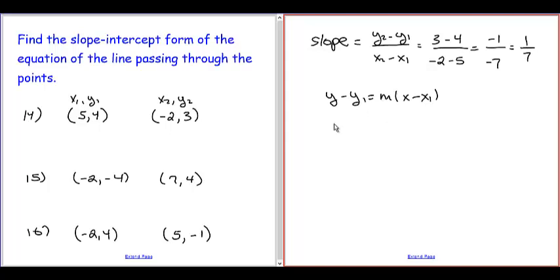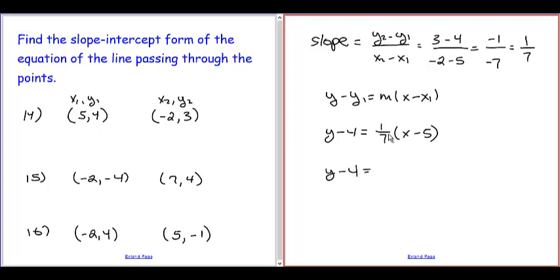You get y minus y1, which is 4, is equal to m, which is 1/7, times x minus x1, which is 5. So you just plug in the numbers, and then we have to do the manipulation to get it into the slope-intercept form.